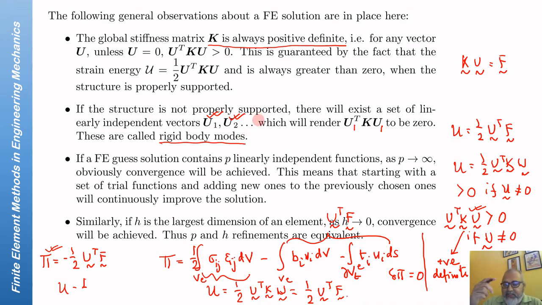And if this is the situation, and your K has 0 eigenvalues, it is not positive definite, in that case you would know that your structure is not properly supported and you have rigid body modes existing in your structure. So that's point number 1. When rigid body modes are all restrained, your structure is properly supported and is undergoing only deformation. In that case, your K is definitely positive definite.